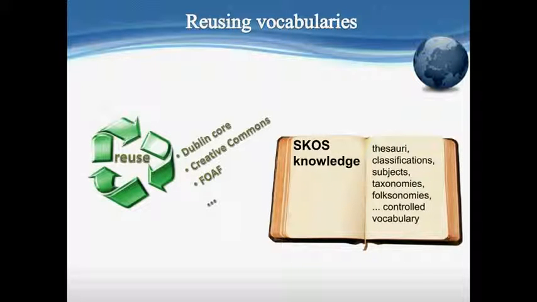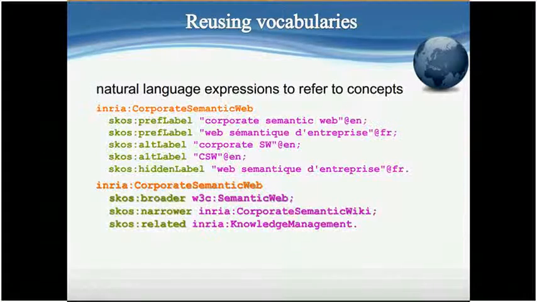No, you have Dublin Core or you have SKOS and other vocabularies that you can reuse. So try not to create new vocabularies when you have some well-known vocabularies as well. For example, Dublin Core, Creative Commons, SKOS; there are some well-known vocabularies that you can use.